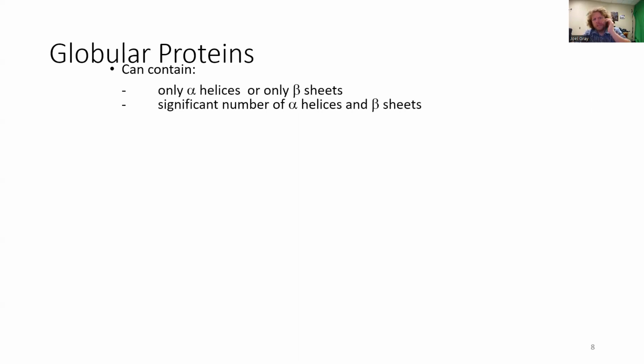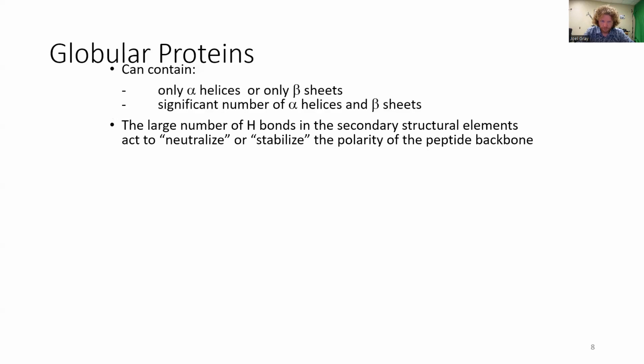Now, globular proteins can contain only alpha helices or only beta sheets. They can contain a significant number of alpha helices and beta sheets. So they can be very narrow in terms of what they structurally are about, but also they can have some kind of flexibility to them.